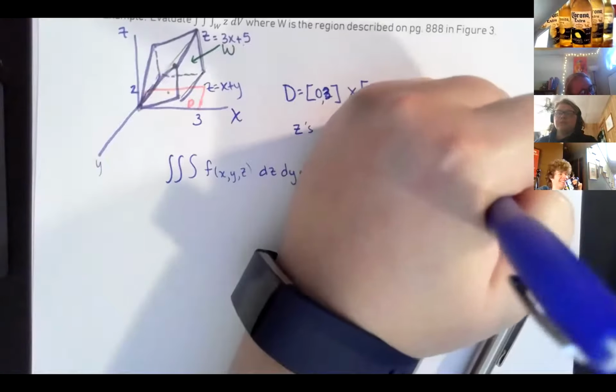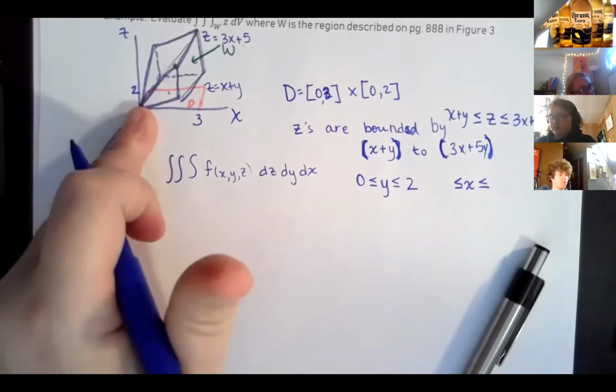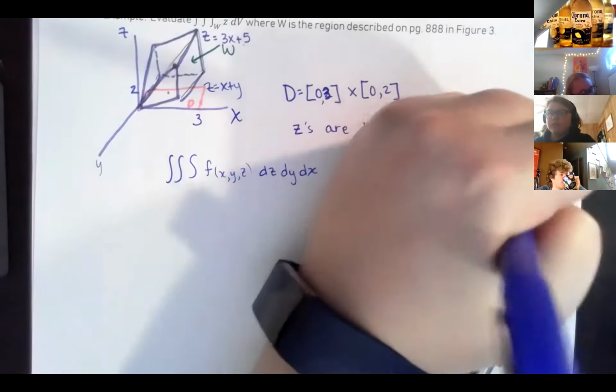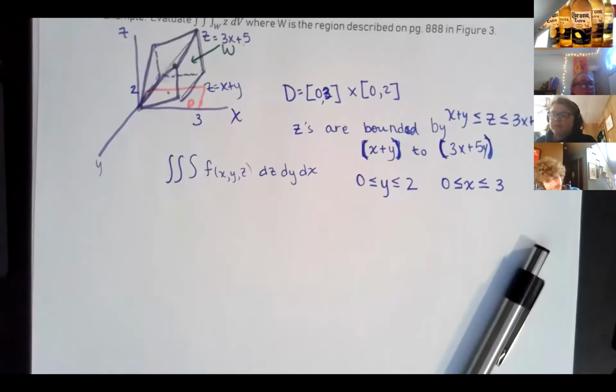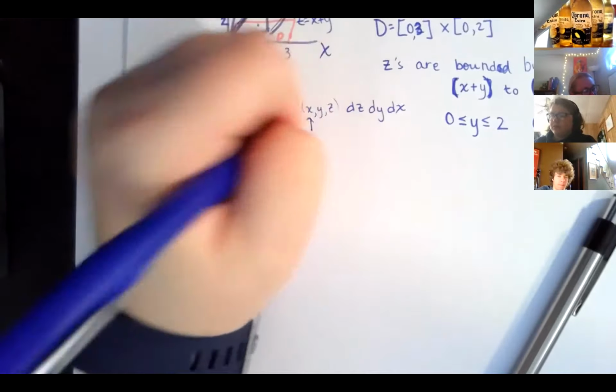And then my x's, 0 to 3. So if I put those in here, my function is just z.